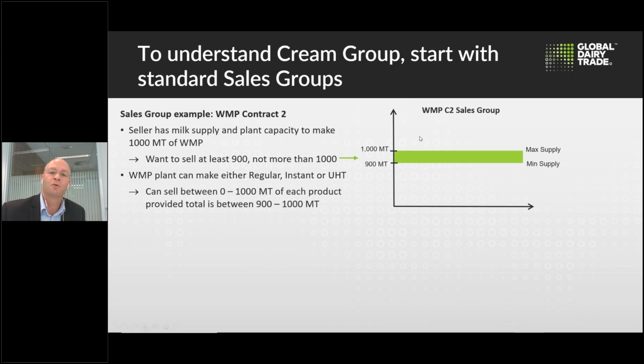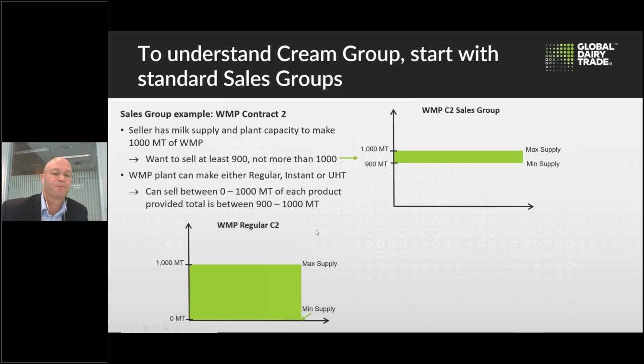So here we have the whole milk powder sales group, minimum supply of 900, maximum supply of 1,000, and then the 3 individual products. So we can see whole milk powder, regular contract 2, the supply range is between 0, because you don't have to sell any, and up to 1,000 metric tons of regular.